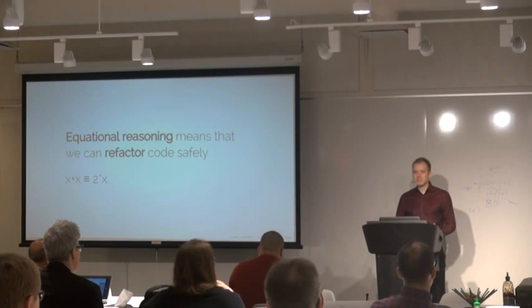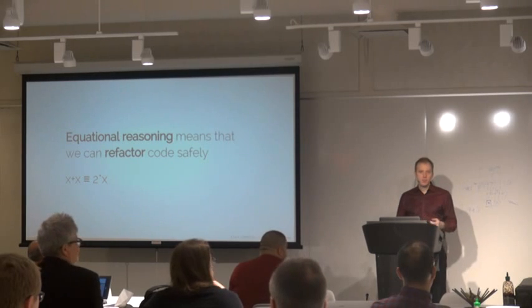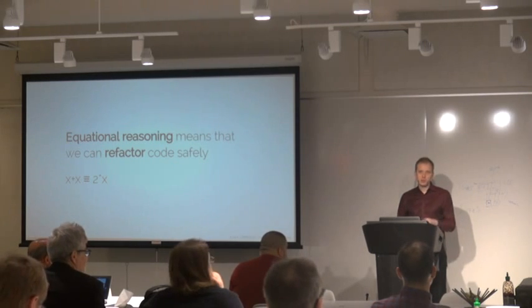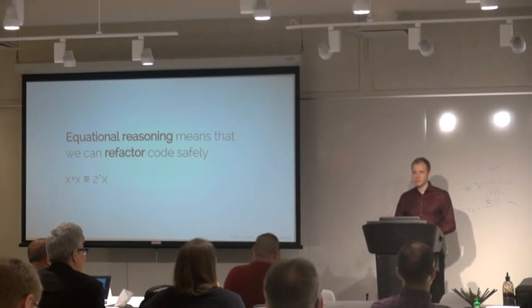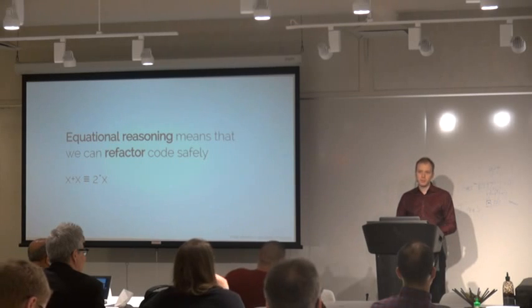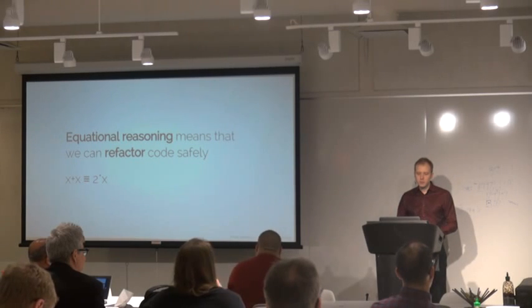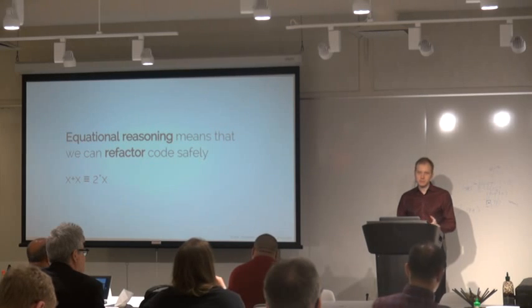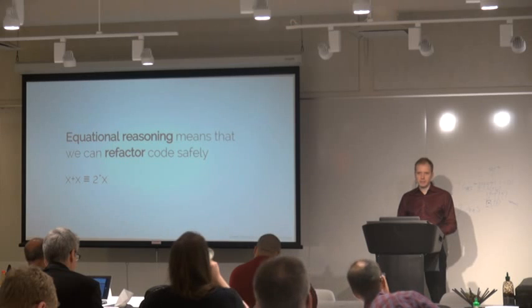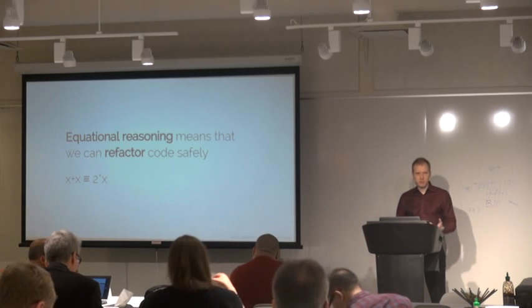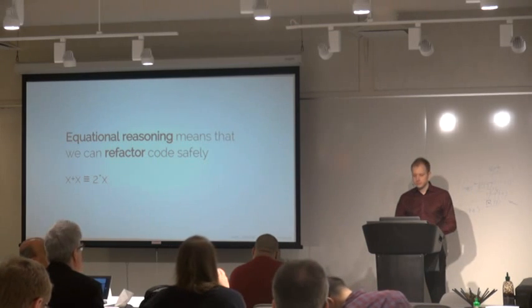Anyone who's worked with C macros is familiar with the situation that can arise when you use one of your macro arguments multiple times, and then suddenly someone passes in i++, and now you're incrementing their item twice rather than once, and it's very surprising. So purity is really critical to maintaining equational reasoning. And this is why it's so much easier to refactor Haskell programs than programs written in almost any other language.